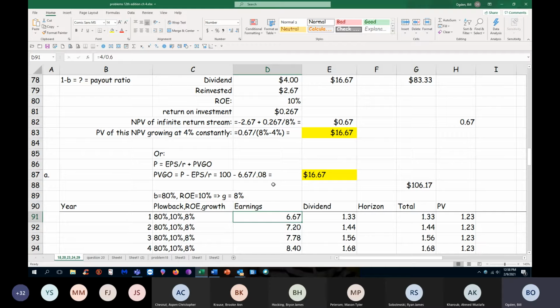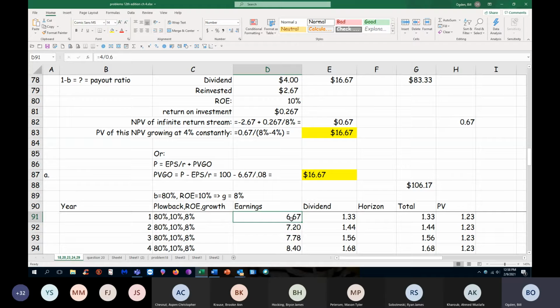For the next 5 years, we will plow back 80%. Our ROE continues to be regulated by the Public Service Commission at 10%. And then 80% times 10% gives us a growth rate of 8%.